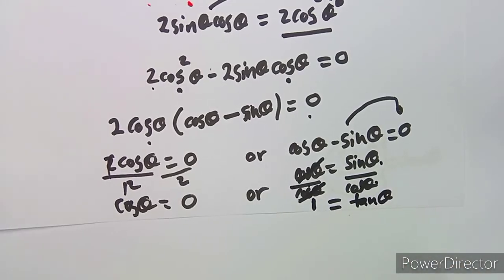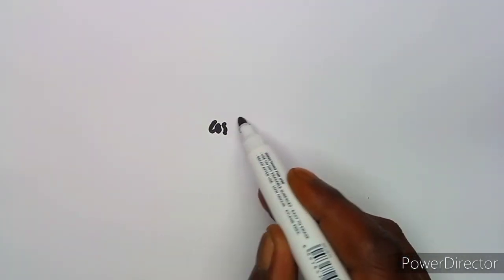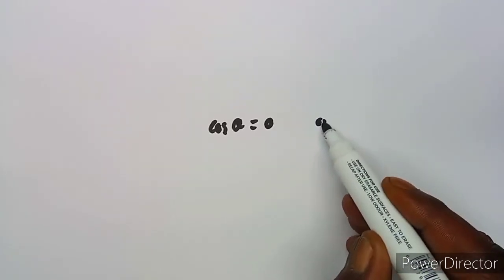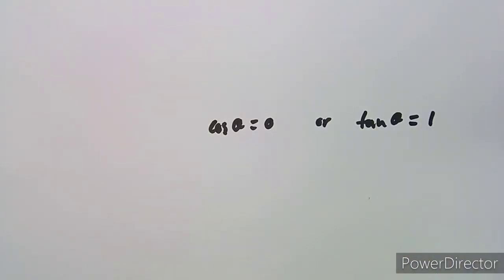All right, so these are the two trig equations that we now have. This one for cos and this one for tan. Cos theta is equivalent to 0, or tan theta is equivalent to 1.